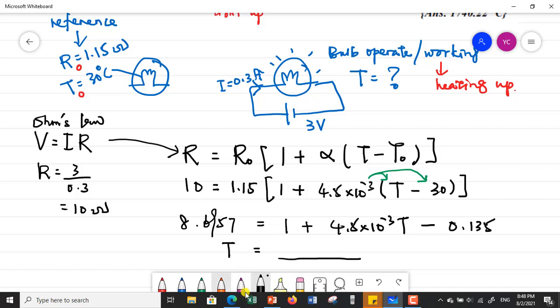If you calculate correctly, the value should be 1740.14 degrees Celsius. Okay, so this is how we apply the concept. As our temperature increases, you can see that when our temperature is high, our resistance is greater, 10 ohm, compared to the reference temperature of 30 degrees Celsius, where our resistance is only 1.15 ohm.